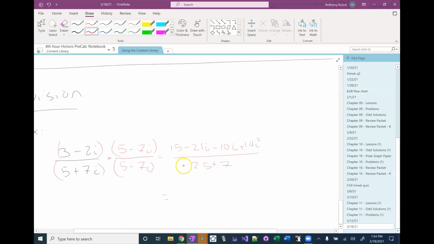So when I combine like terms here, I'm going to get 1 minus 31i over 32, or really we write that 1 over 32 minus 31 over 32i.